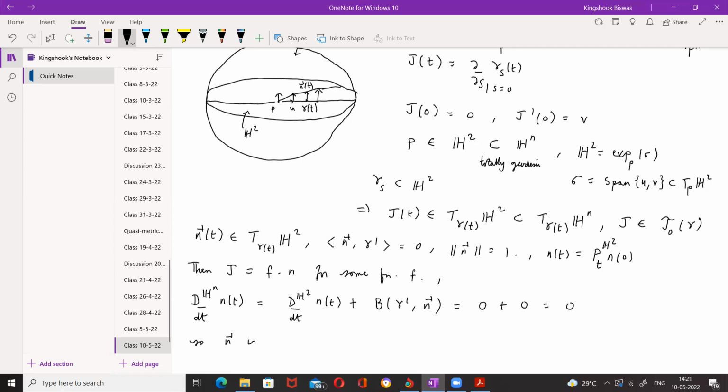So N is parallel along gamma. Okay. So thus J double prime is equal to F double prime N, right? Because N is parallel. So when I differentiate J, I won't get any derivatives of N. I'll only get derivatives of F, right?